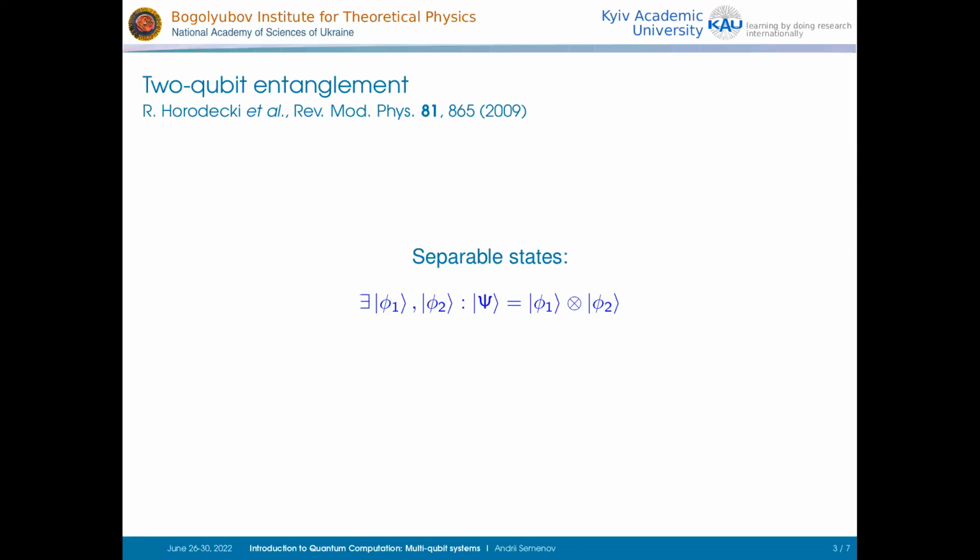In atoms, you can now isolate an atom in a trap and work with the levels of its electrons, and two of them can be operated quite well, and this is also a qubit. Atomic nuclei can also be considered as a qubit. In principle, there is now a huge number of different systems which can be made into a qubit.